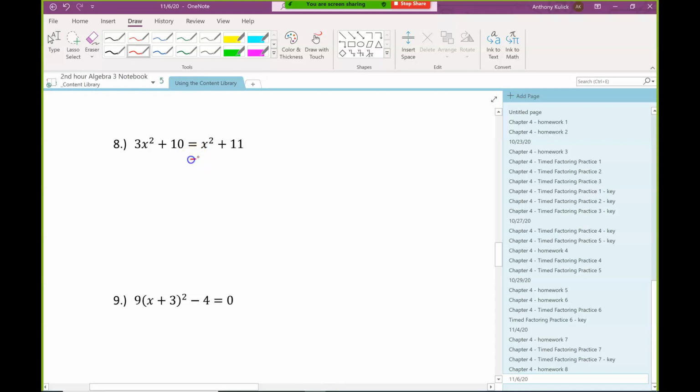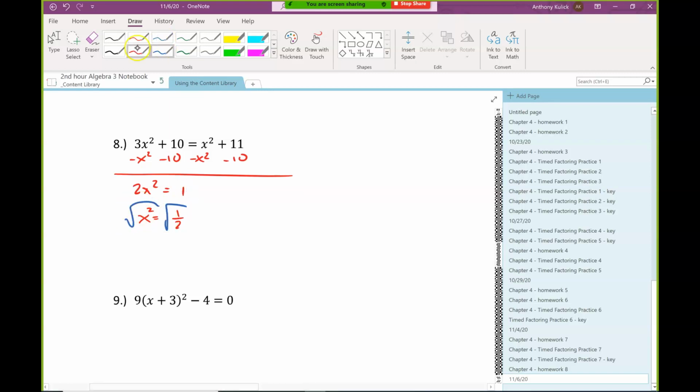I'm going to subtract x squared from both sides, and then subtract 10 from both sides, because I'm using the reverse order of operations. I want to start by getting the x's on one side and the constants on the other. Okay with that? Then we can divide by 2, and then we'll square root both sides. When we square root both sides, that creates the plus or minus.